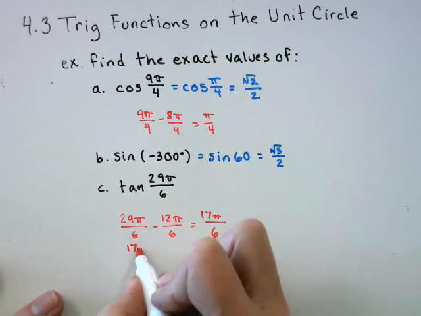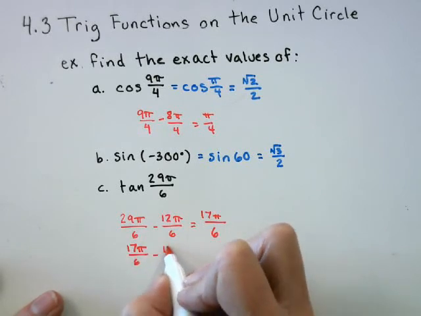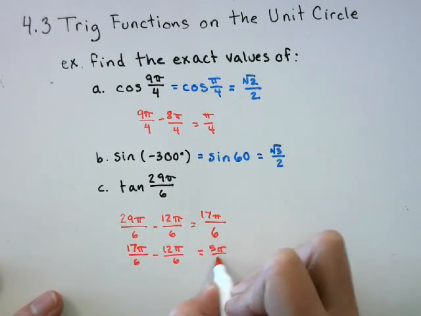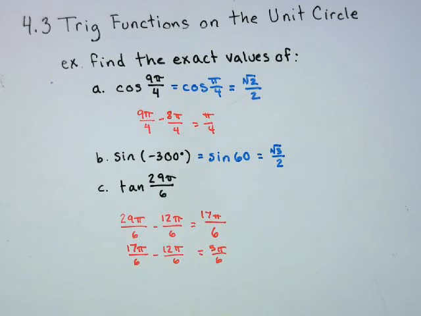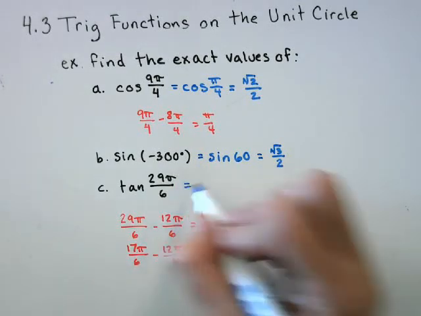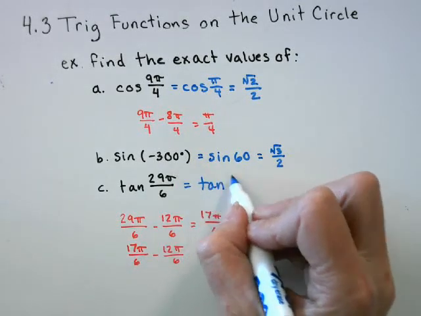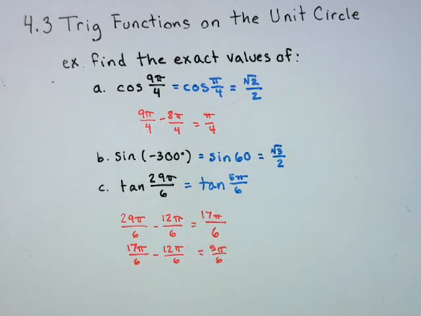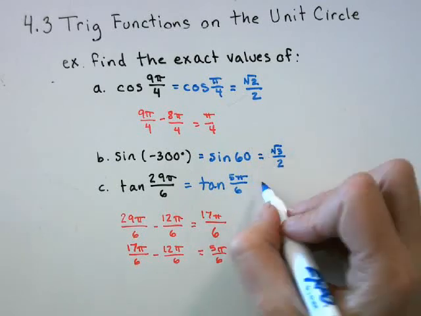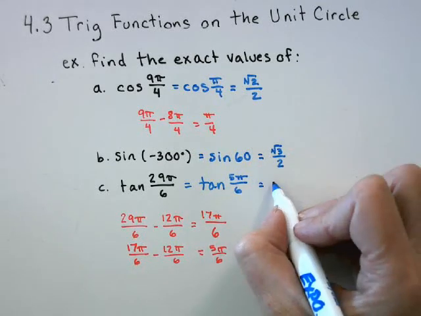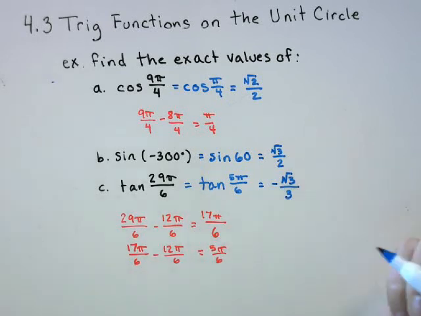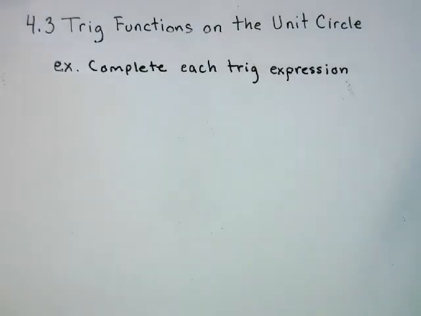So let's subtract another 2 pi, which is 5 pi over 6. That is on our unit circle. So this is going to equal the tangent of 5 pi over 6. So I go to the unit circle, and the y value over the x value there is going to give me negative root 3 over 3.